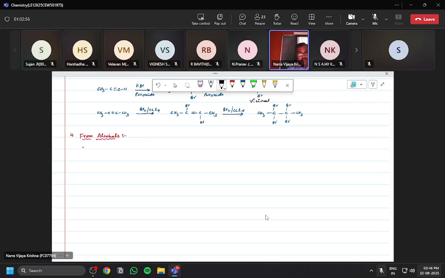One is Groove's method, which is nothing but preparation of alkyl halides. So our priority is to prepare alkyl halides from alcohols. That is our motto here.